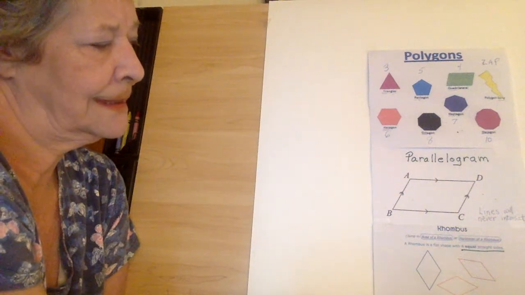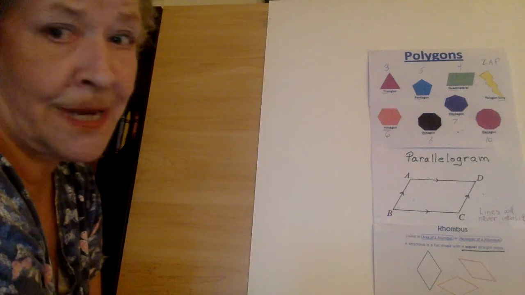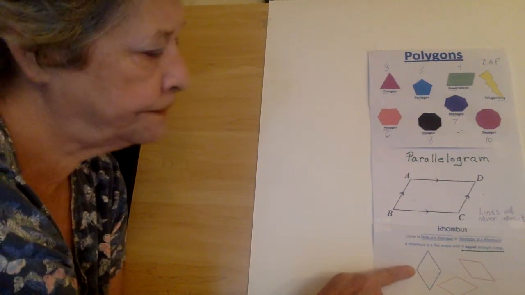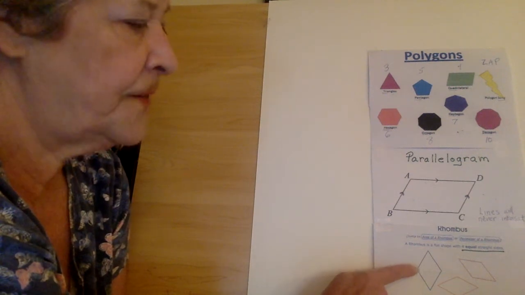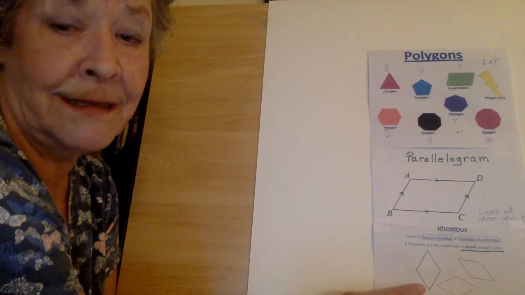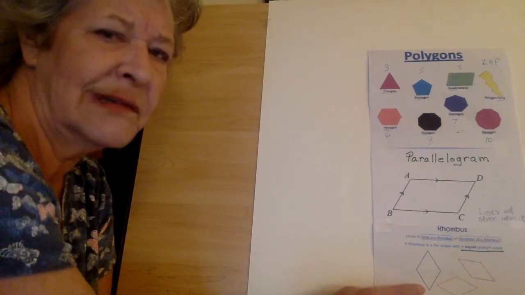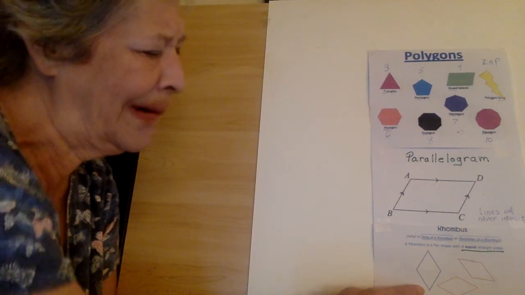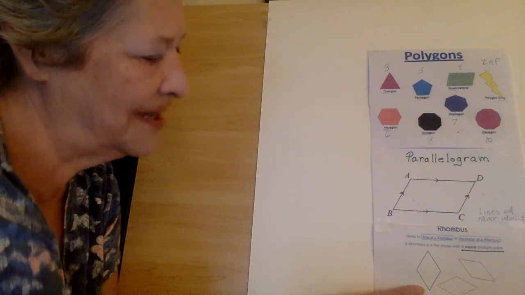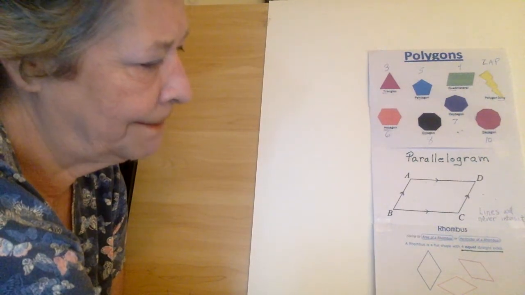Now let's look at the rhombus. The rhombus can be a parallelogram. It's a diamond shape. It's flat and it has 4 equal straight lines. Oh, does that sound something like a square? Yeah, I think so. Oh, they're trying to trick us here with their geometry. A rhombus looks like a diamond.